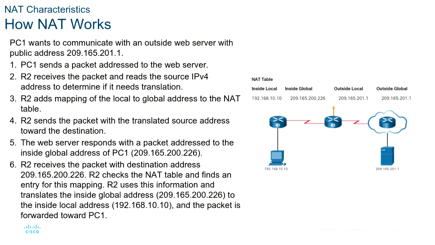He's going to take that inside address of 192.168.10.10 and translate that to the address that was assigned to us by the internet service provider, 209.165.200.226, for example, in this case. Then R2 will send that translated packet to the destination.